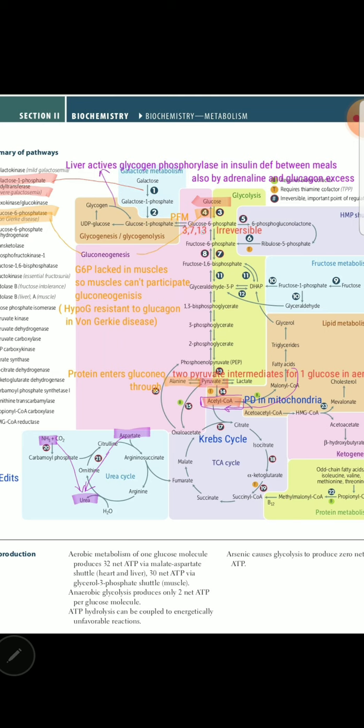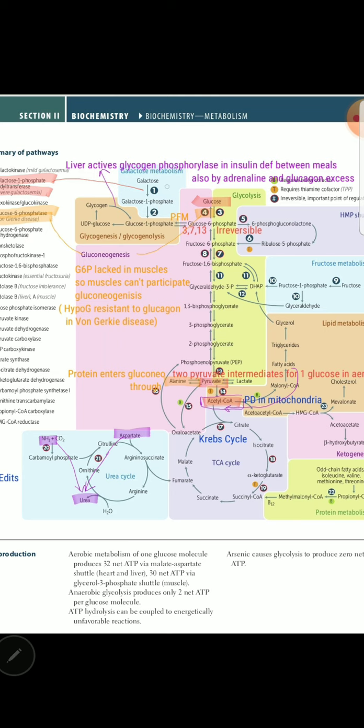So the patient will have hypoglycemia resistant to glucagon treatment. So in von Gierke disease, or they can ask which enzyme would be deficient, which will be glucose 6 phosphatase deficiency. Even in a resistant case, hypoglycemia will be there despite glucagon.